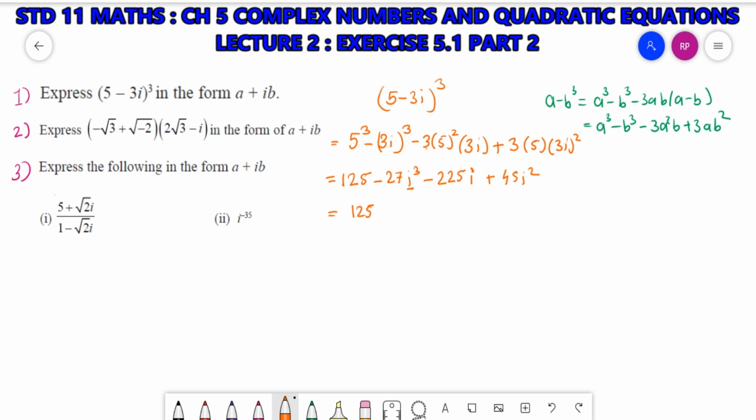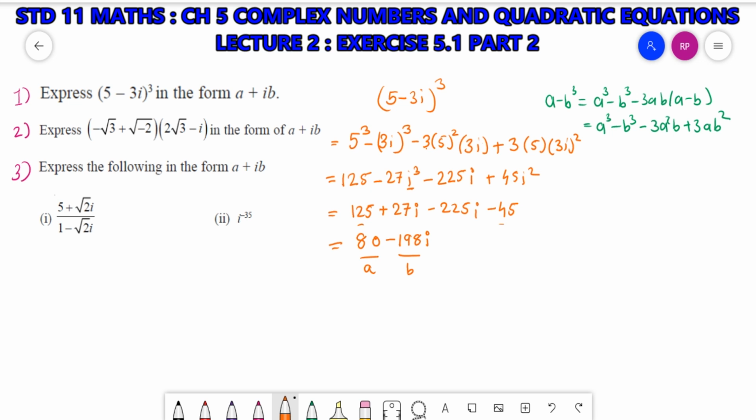So minus 27 into minus i, plus 27i, minus 225i, plus 45 i square, i square means minus 1, so it will be equal to minus 45. Okay, so 125 minus 45, that will be equal to 80, plus 27i minus 225i, that will be 198i. This is a 80 and b, that is minus 198.